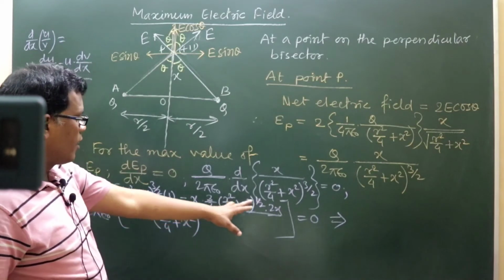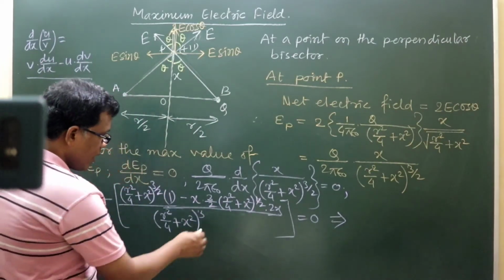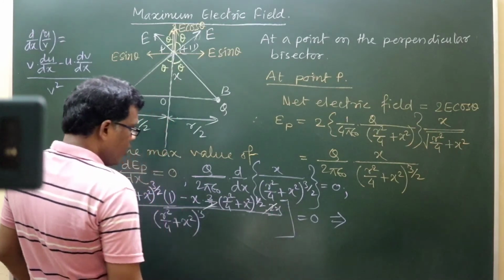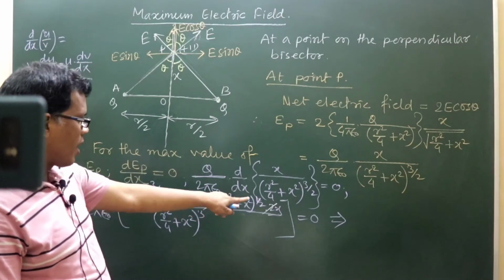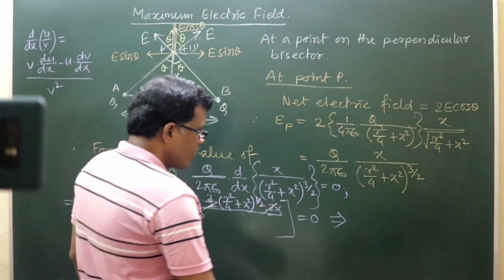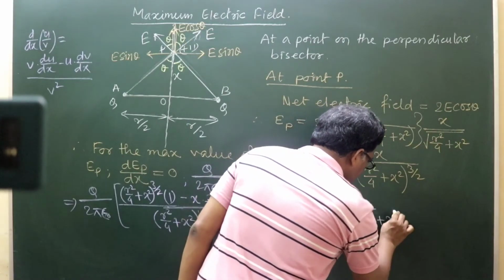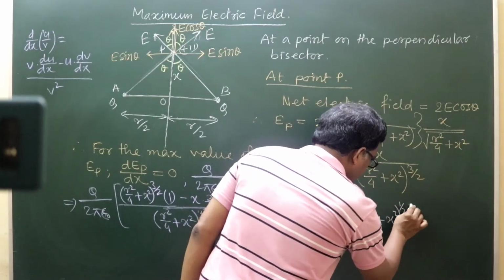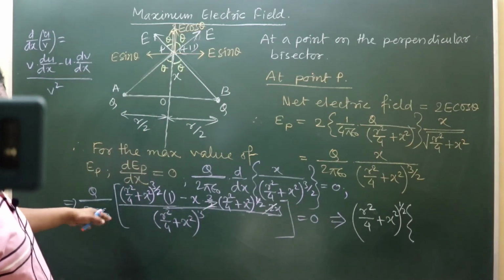So when the numerator part can be made 0, we can see that (r square by 4 plus x square) whole to the power half can be taken common. I am not considering this because this is a non-zero quantity.